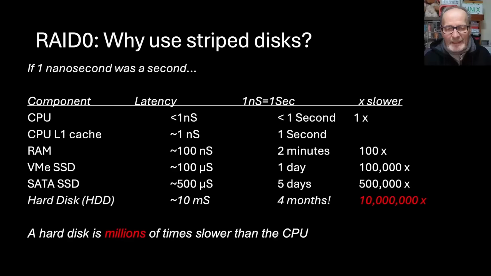The point we're making here is that hard disk drives are horrendously slow. SSDs are actually a lot quicker, but they are also horrendously slow. NVMEs are a lot quicker still, but they are also horrendously slow. 100,000 times slower than the CPU heartbeat.